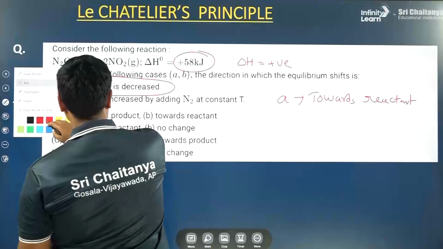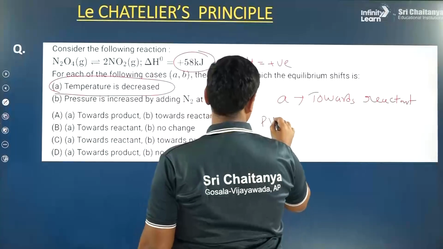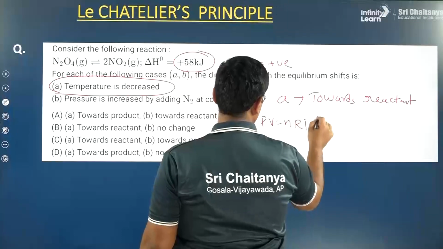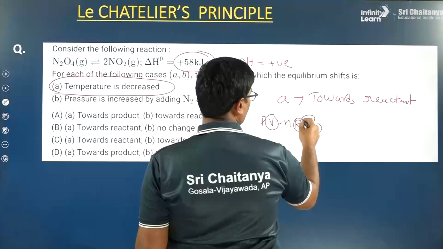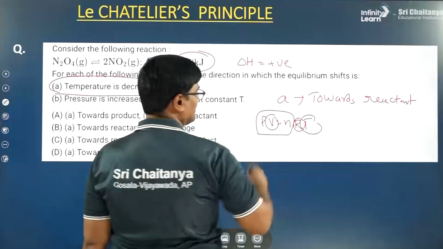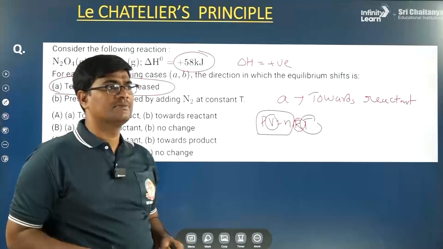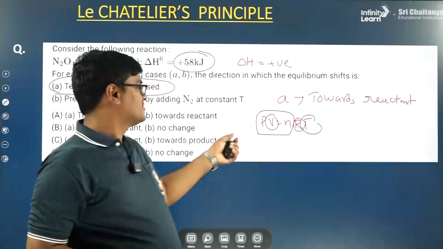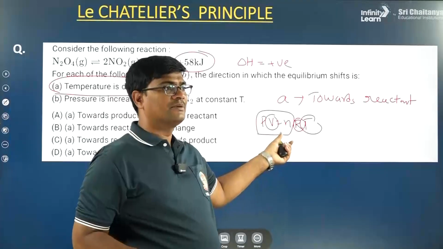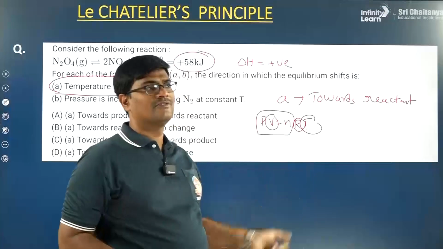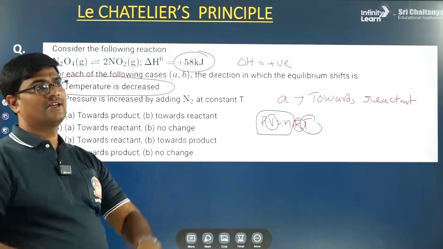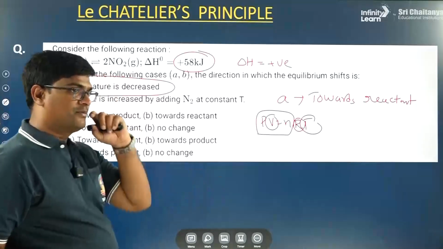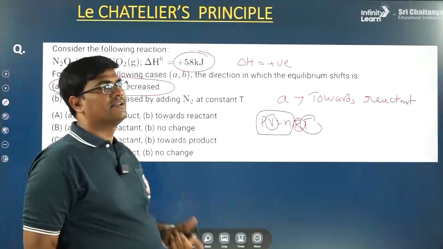This is the ideal gas equation, PV equals nRT, so P is directly proportional to n. We are adding nitrogen, an additional inert gas, so the total pressure increases.